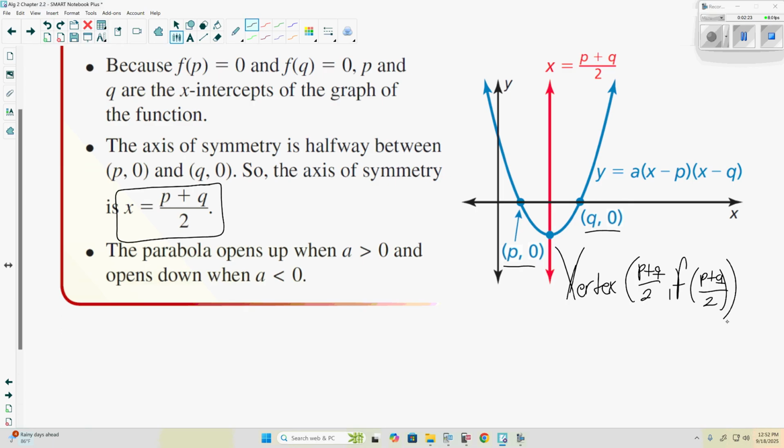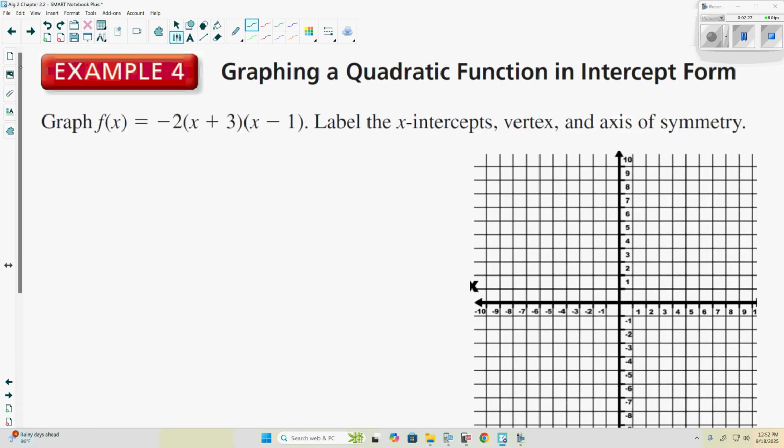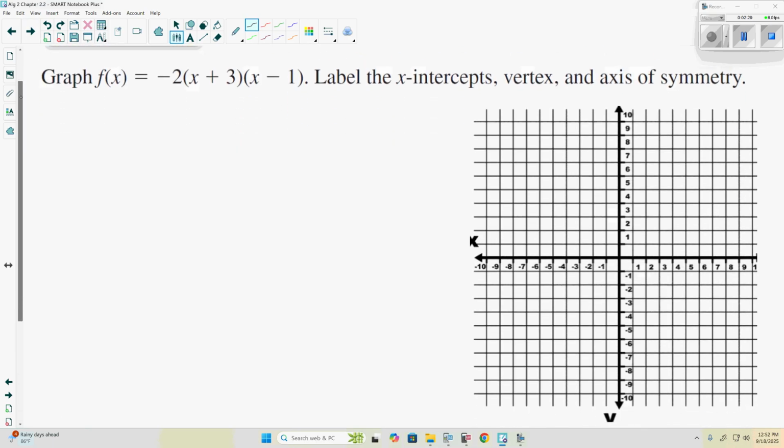So, when we look at this first problem here, it'll be good to start off with knowing what the values of A, P, and Q are. And for us here, the value of A is negative 2.